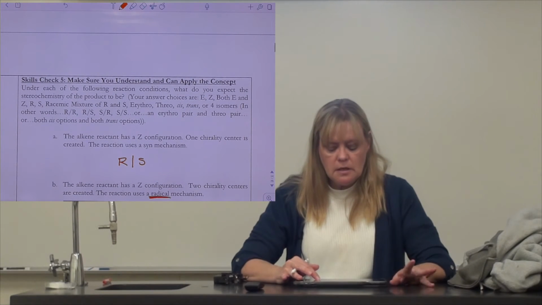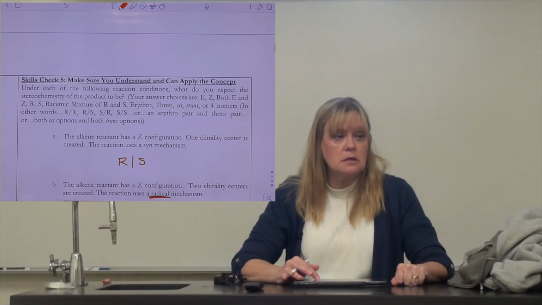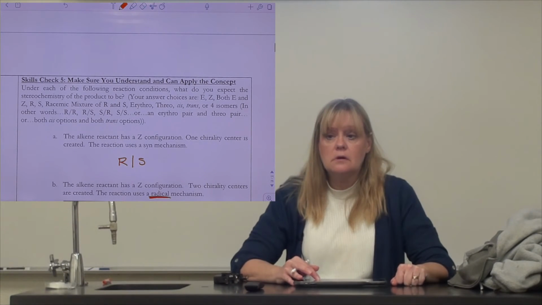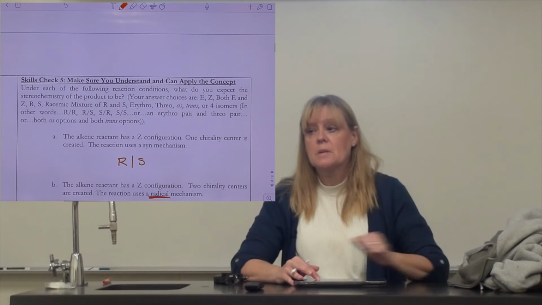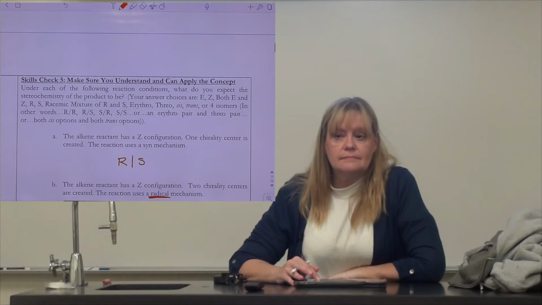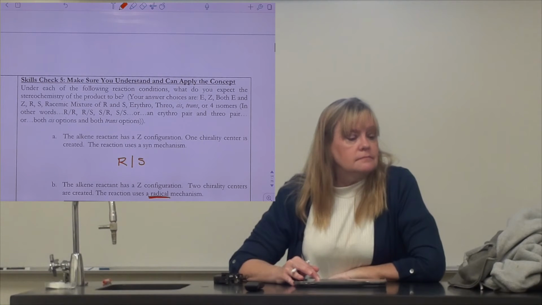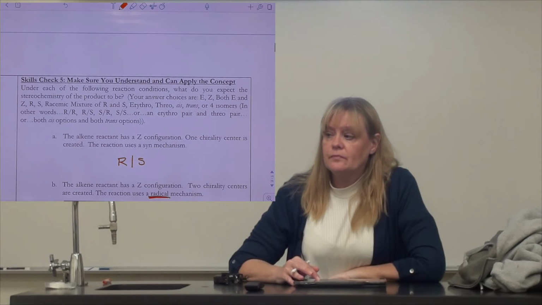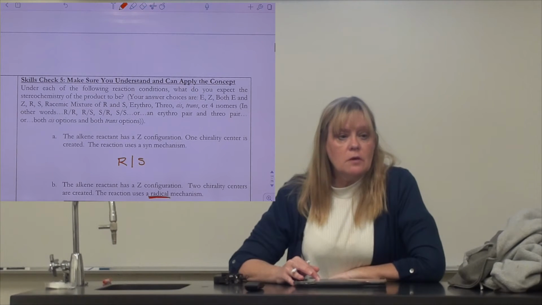Okay, you start out with an alkene that has a Z configuration. You create 2 chirality centers. It's a radical mechanism. For a double check for everybody, what do you think it is?